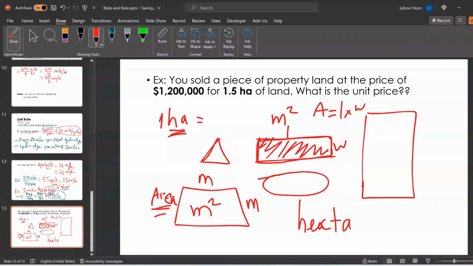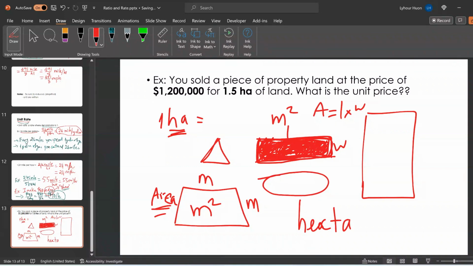So the area is these, let's say like these painting regions are called the areas. So this region is the area, meaning the surface of this painting region is the area of this shape.